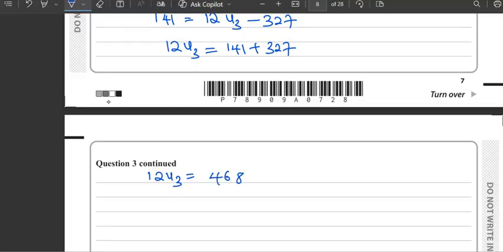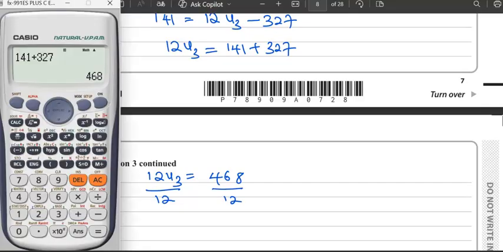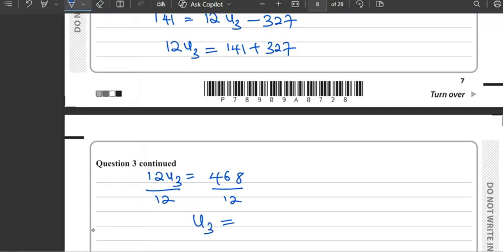For us to remain with u3, we can divide by 12. Let's get the calculator still. Dividing by 12 gives you 39. So this means that u3 is simply equal to 39. And this is the solution for part B, question number 3.